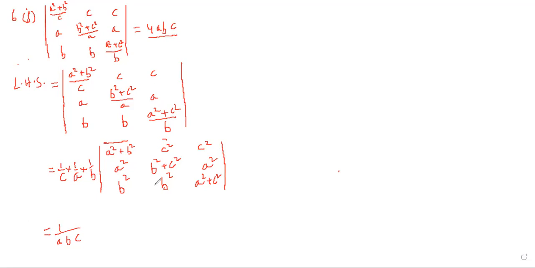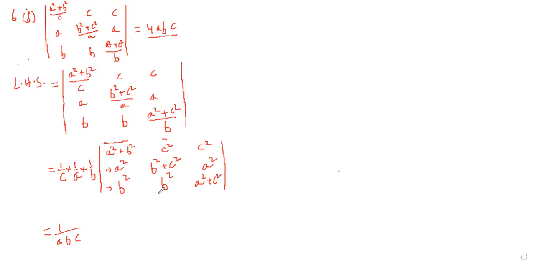So what will we do now? Think of any other thing to get 0. If we add R2 and R3, it becomes a square plus b square, and we subtract it from R1, which is also a square plus b square, giving 0. Again, the second element of R2 is added to the second element of R3, so b square plus c square plus b square is 2b square plus c square. When it is subtracted from c square, c square minus 2b square minus c square, cancelled out, gives minus 2b square.